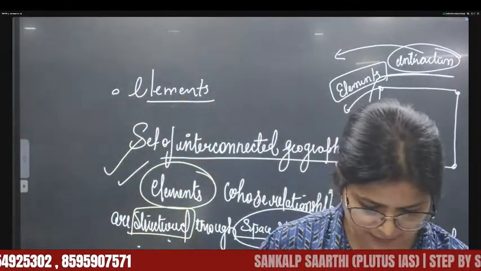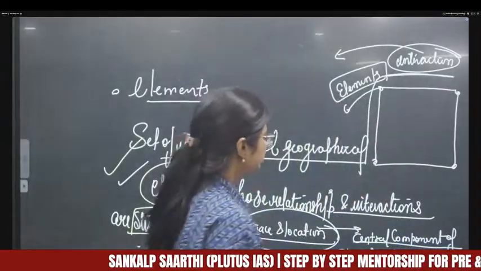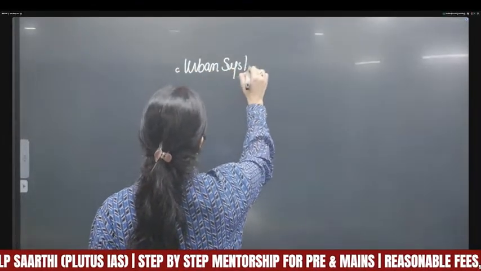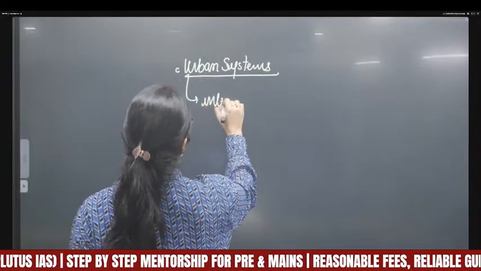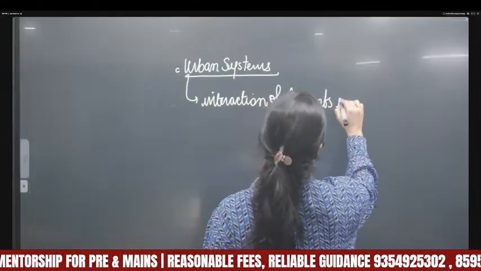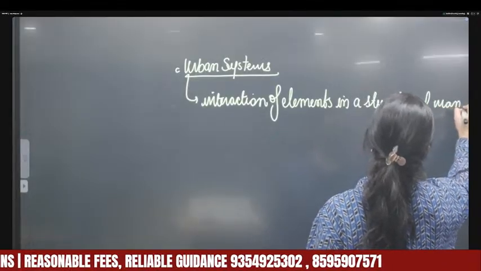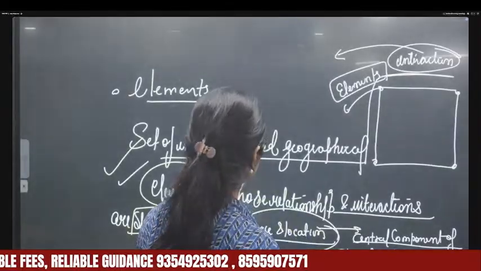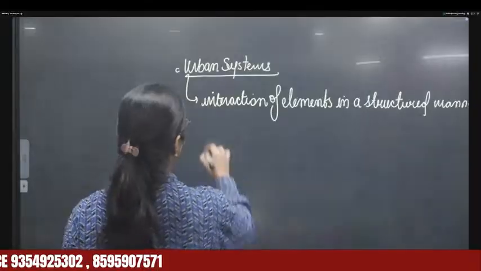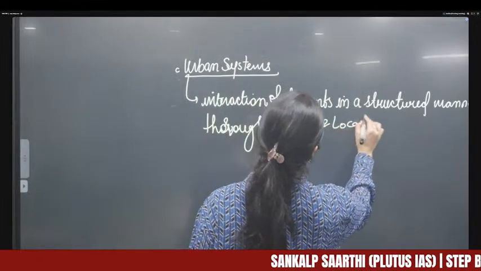Okay, write down next. Example के types लिखिए इसके अंदर. For example, urban systems. The first example of structured elements would be urban systems, where we can see the interaction of elements in a structured manner through space and location.